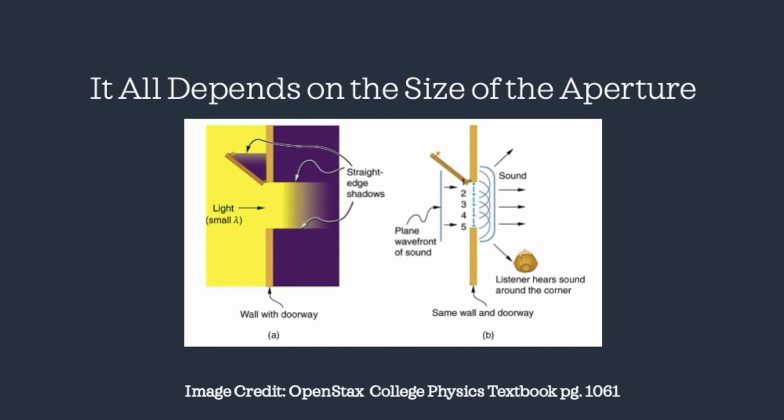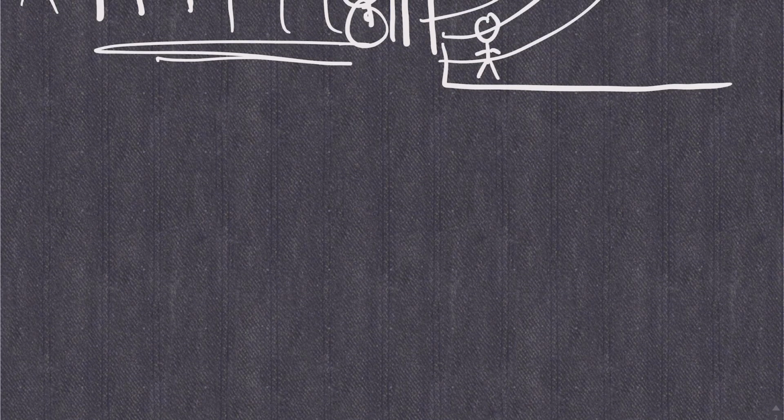We'll just see a ray of light that passes straight through. However, sound has a much longer wavelength than light. So if we notice in the second picture, since the wavelength of sound is closer to the size of the opening, then we're going to see some diffraction where you can see a person in the corner of the room still hearing the sound that is passing through the doorway, even if they're not standing directly in front of the opening.